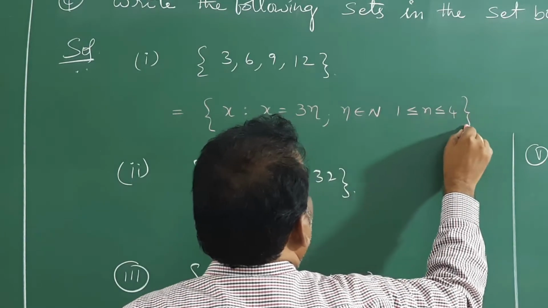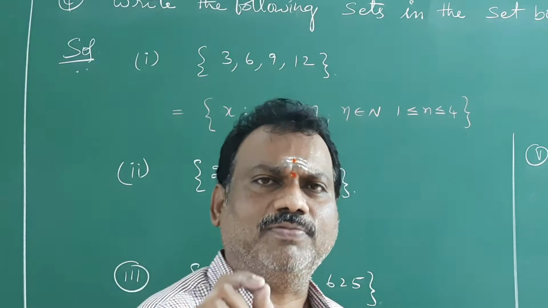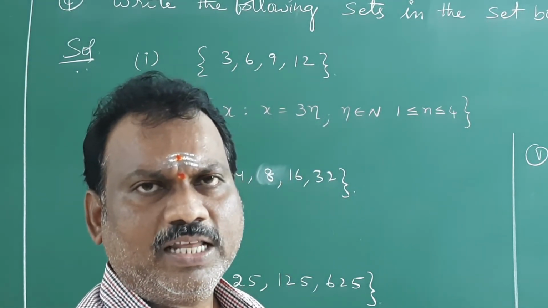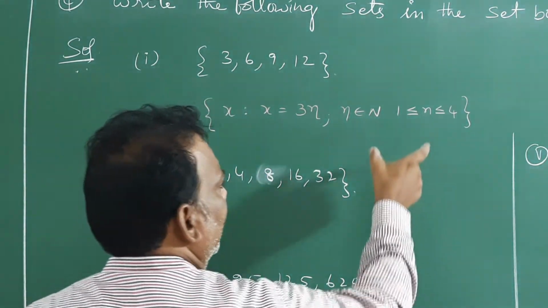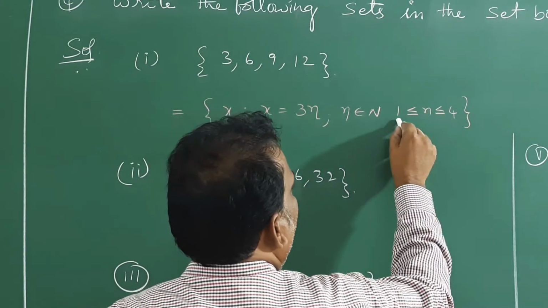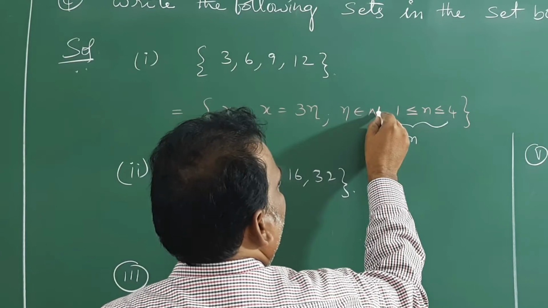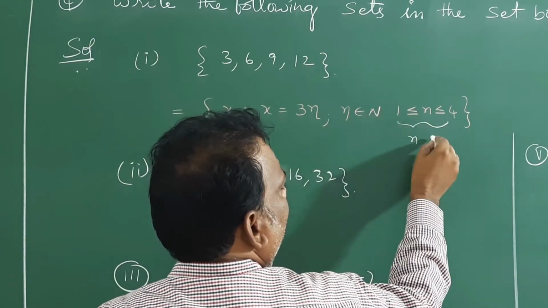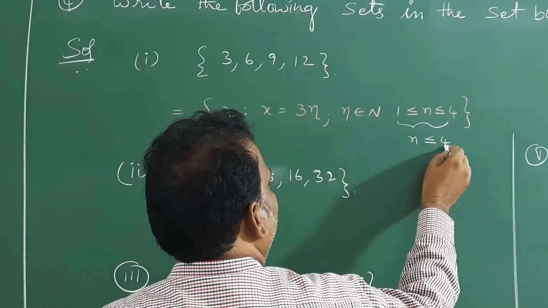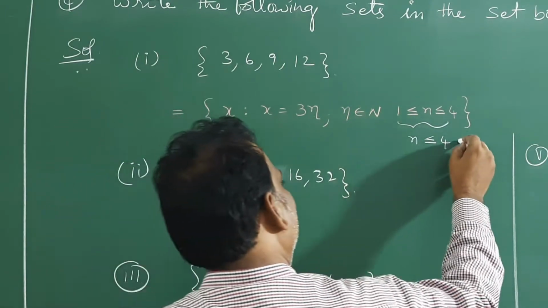That means in the n place you can substitute the least number 1 and the greatest number 4: 1, 2, 3, 4. That's why I am writing like this. Instead of this, we can represent it like this also: n belongs to natural numbers, n less than or equal to 4. That means in the n place you can substitute 4 or below 4 natural numbers. This is also correct, students.